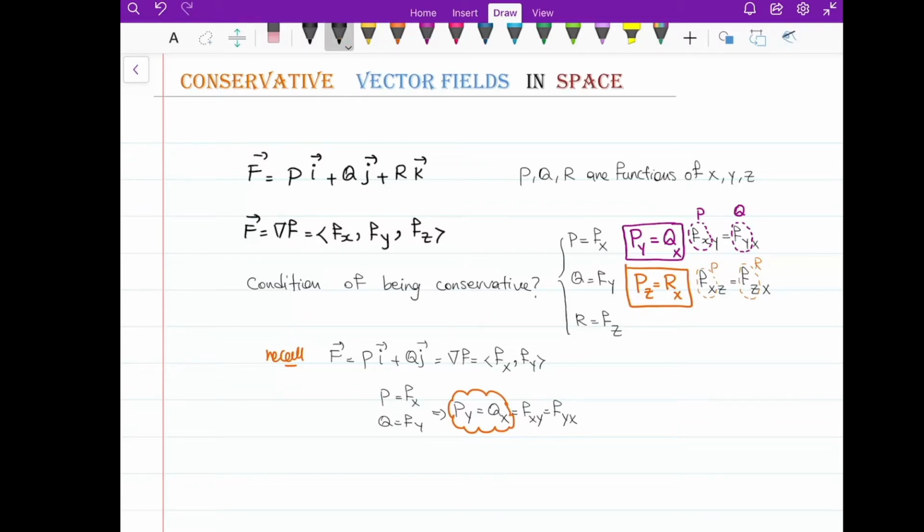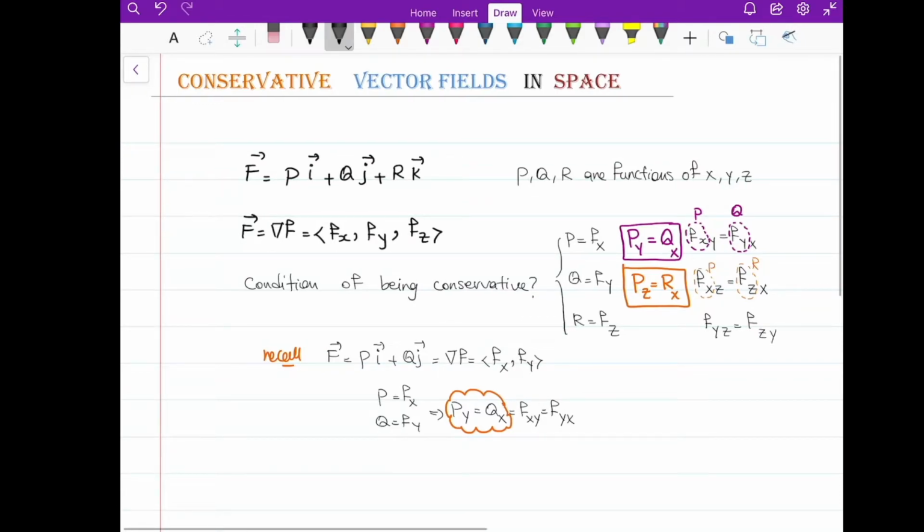And then fyz should be equal to the partial derivative of f with respect to z and then y. So f with respect to y is Q, f with respect to z is R. So Q with respect to z should be equal to R with respect to y. This is the third condition that I need to check.